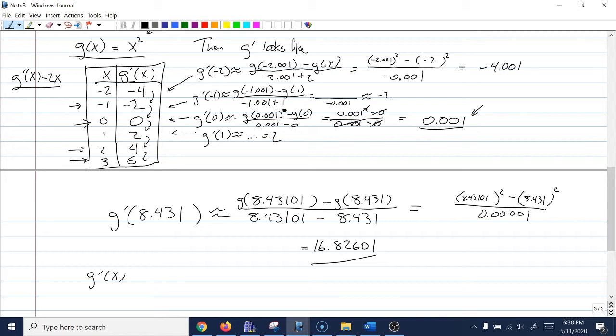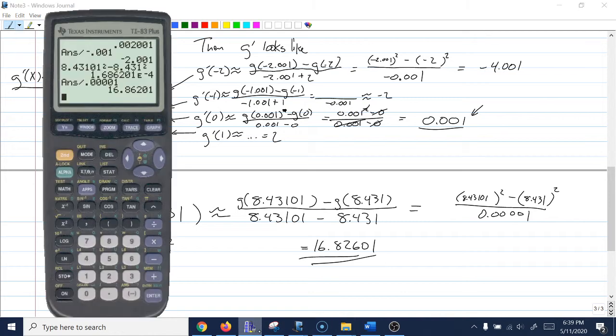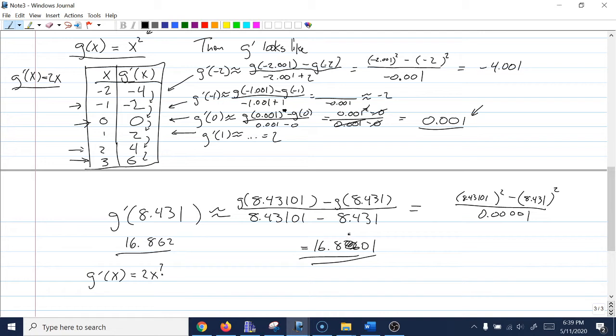I thought that g prime of x might be 2x. If I double 8.431, I get 16.862. This is, sure enough, a number very close to 16.862. Did I write the number down wrong? Yep, it was 862, not 26.